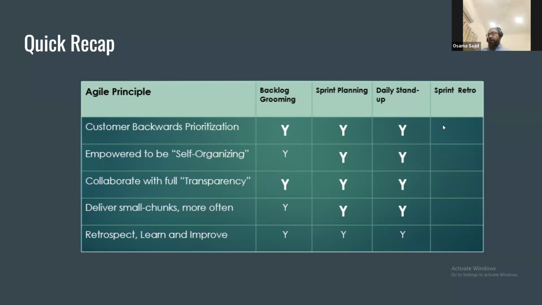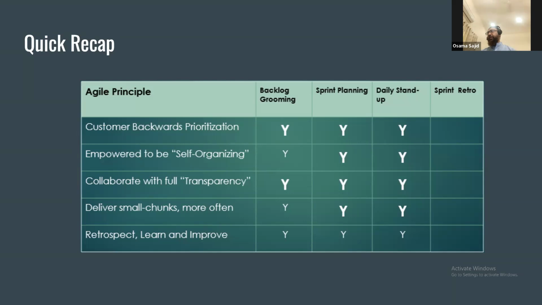While retrospective, learning and improving is part of these other activities as well. For example, when you're doing sprint planning, you will know from your past experience that certain estimates were overestimated or underestimated, or dependencies were not found correctly.